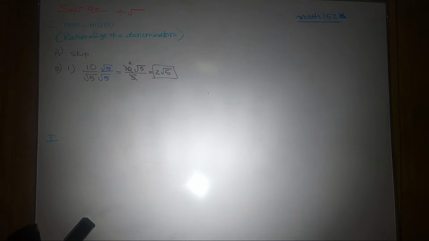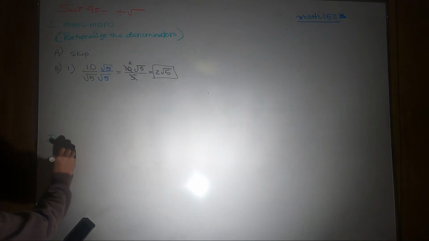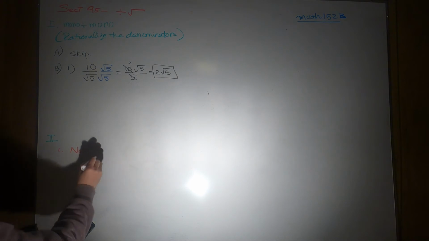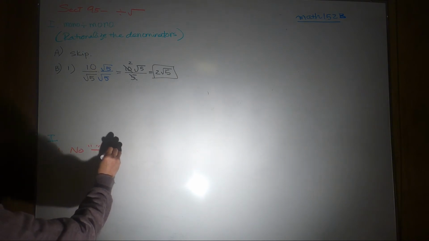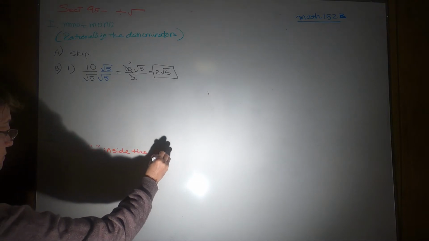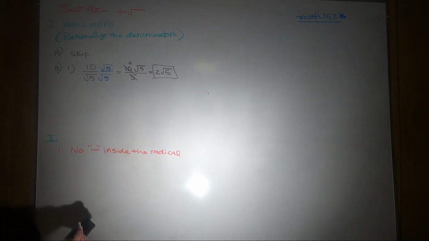In the middle of your paper, the 4 rules are saying you don't want a negative inside the radical. That's how we do the simplifying, add, subtract, multiply, and divide for all the crazy numbers.